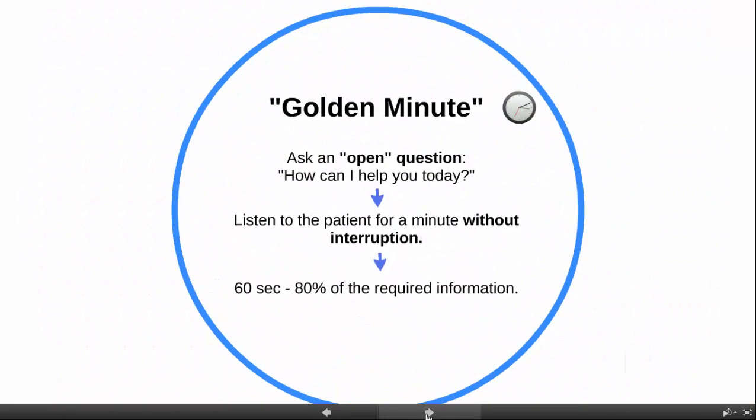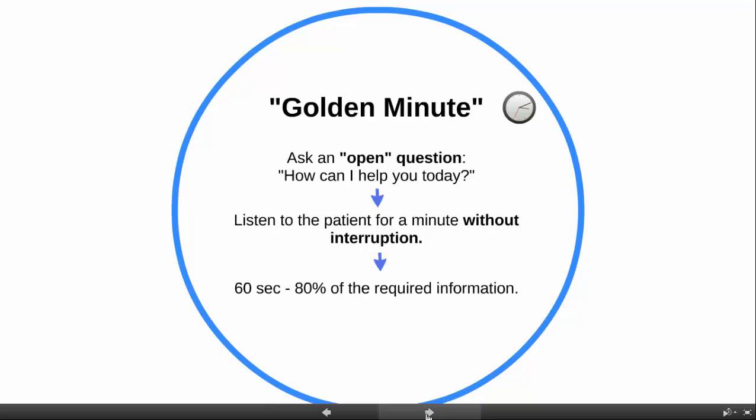While golden minute, you usually ask an open question. For example, how can I help you today? And you let the patient talk out for a minute whatever he thinks about the reasons of his diagnosis, reason of his disease, and you listen patiently without interruption. Why minute?